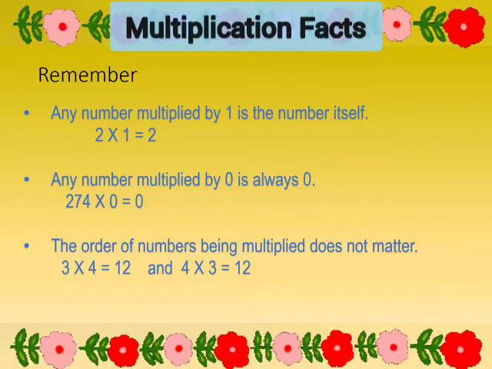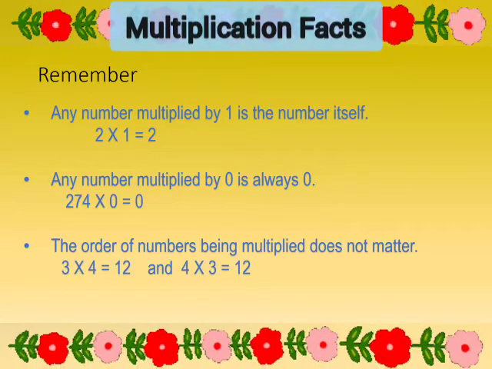For example, if 2 is multiplied by 1, then the product will be 2. Any number multiplied by 0 is always 0. For example, if 274 is multiplied by 0, then the answer is 0.